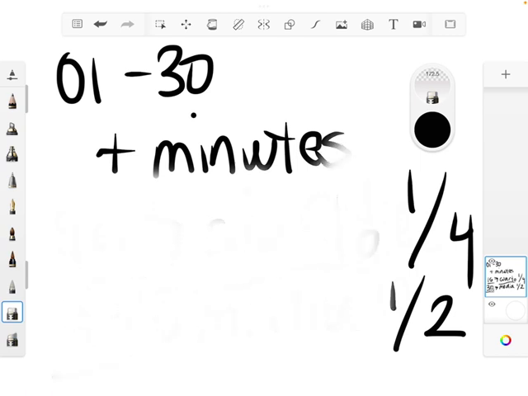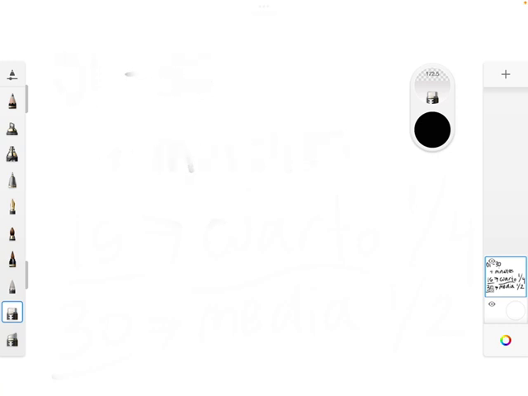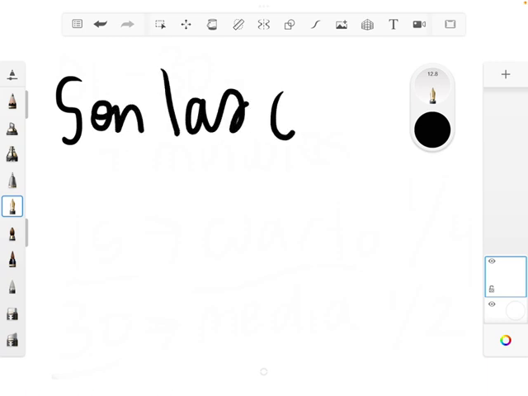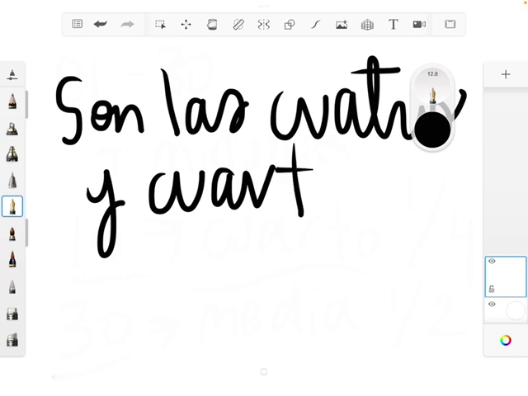So we have some examples here on the page that you can look at. So son las 4:15. Okay, notice for this one, son las 4:15.